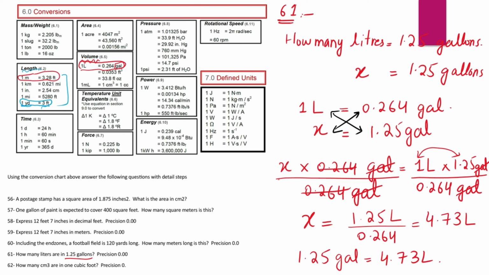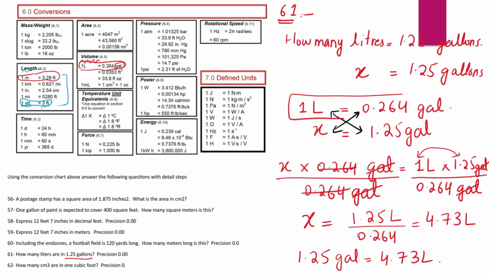This is the answer to question number 61. We converted 1.25 gallons into 4.73 liters using the conversion 1 liter is equal to 0.264 gallons.